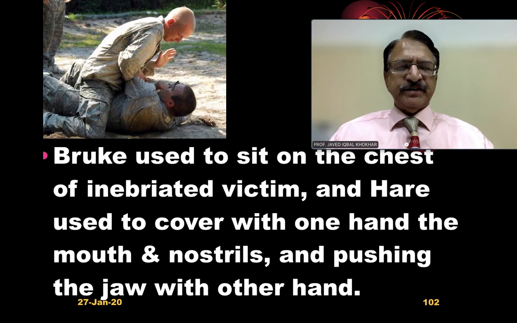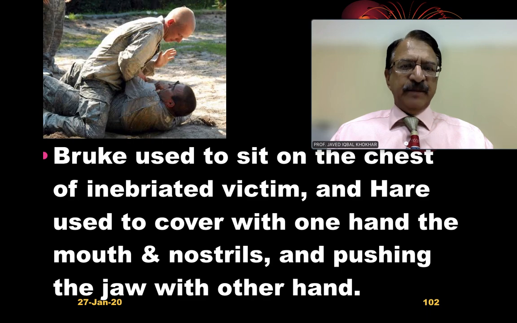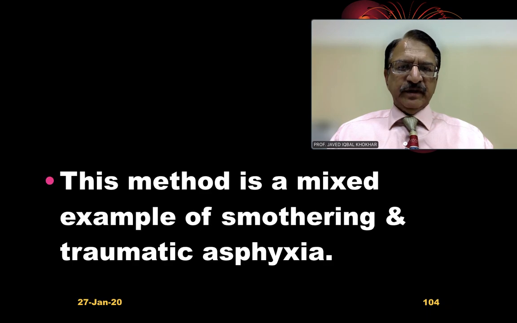So it is a mixed traumatic asphyxia: Burke sat on the chest so the chest was unable to move, and the other man blocked the nose and the mouth, which is smothering. Sometimes they used to drag the body like a wheelbarrow, mimicking a road traffic accident to disguise the scene. This method is a mixed example of smothering and traumatic asphyxia.